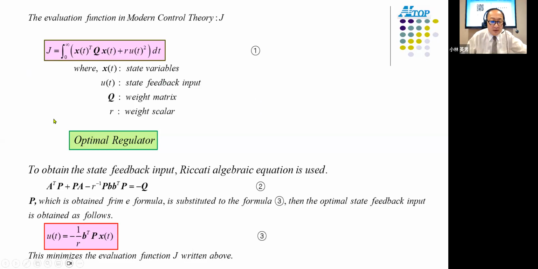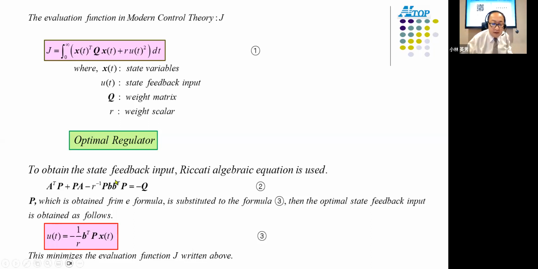This control system is called the optimal regulator. This optimal regulator is one of the biggest results in modern control theory, and in its historical development stage.